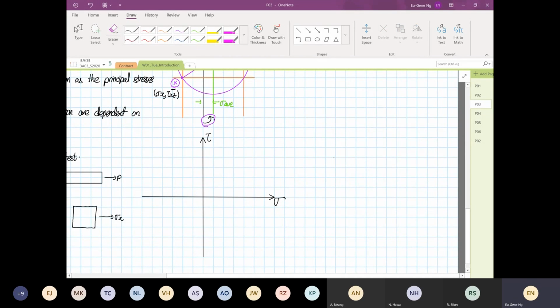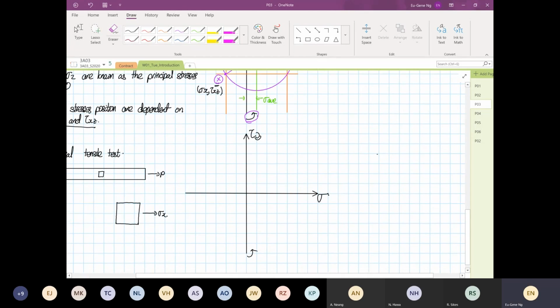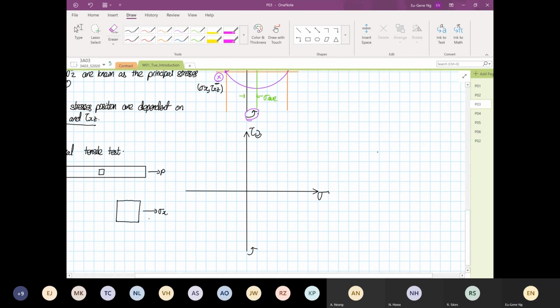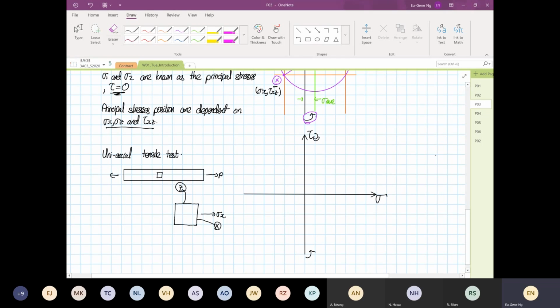So you have a shear. I will call this point X, and I'll call this also a point Z. So for this case, this is the uniaxial tensile test.